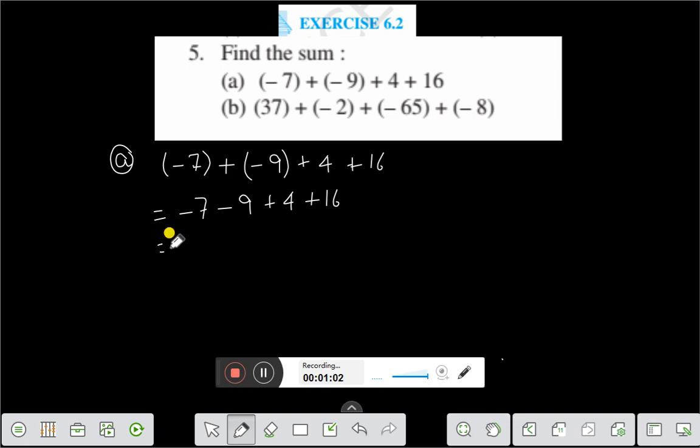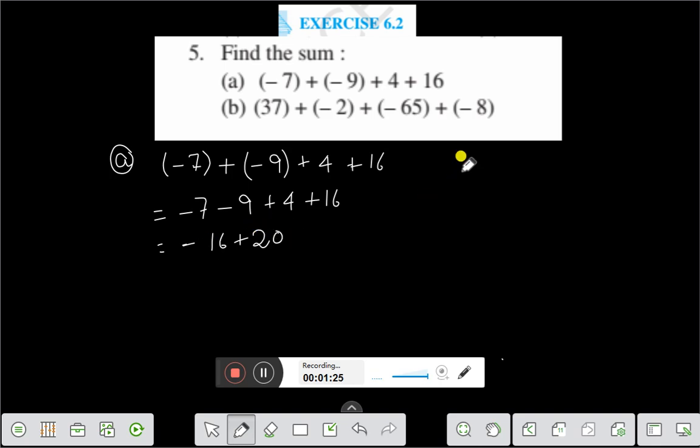Right? Here you see these numbers both have the same sign, therefore add the numbers. 9 plus 7 is 16. These numbers 4 and 16 both have the same operators, plus plus, therefore add 16 plus 4, which is 20.